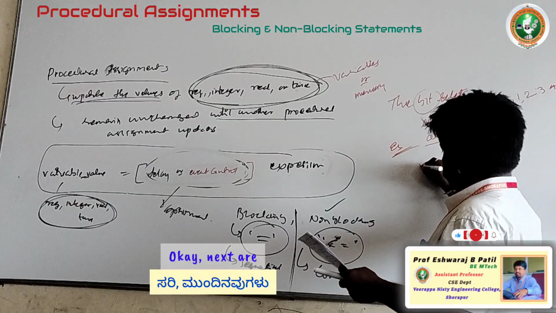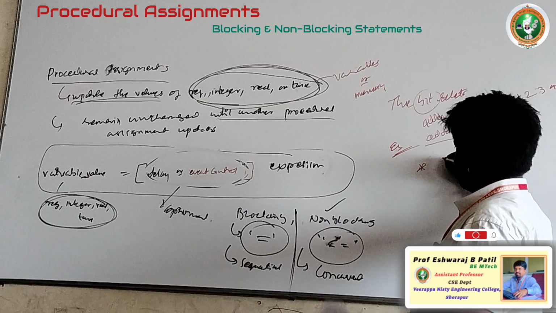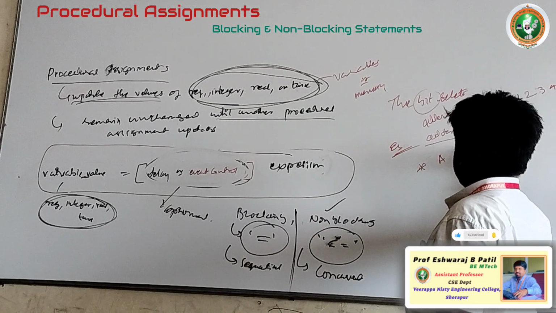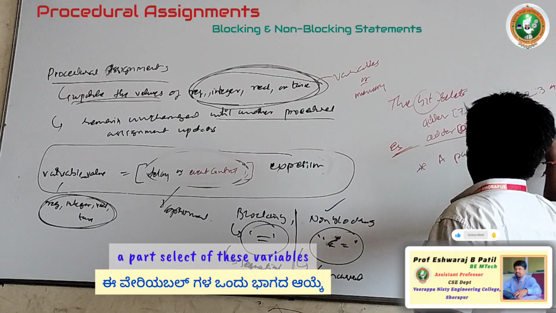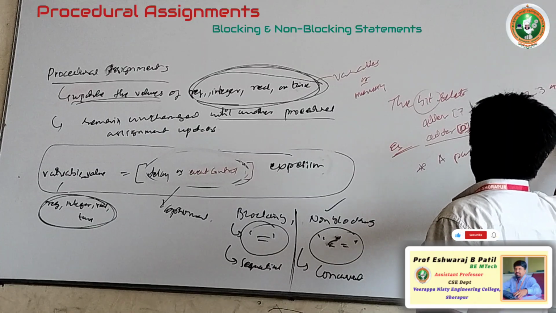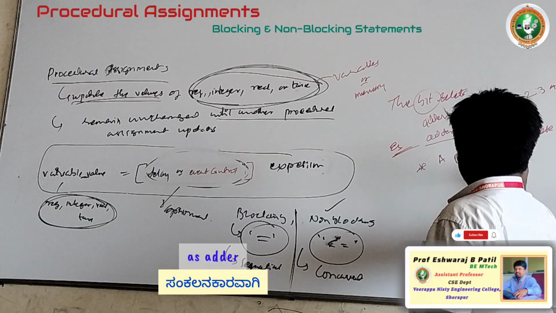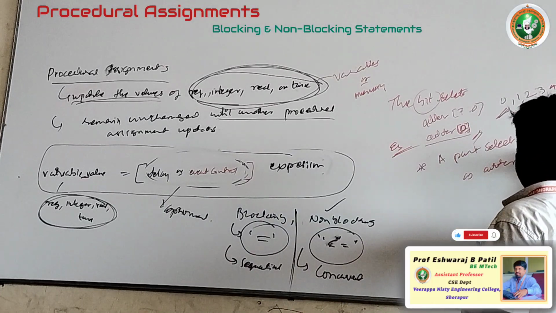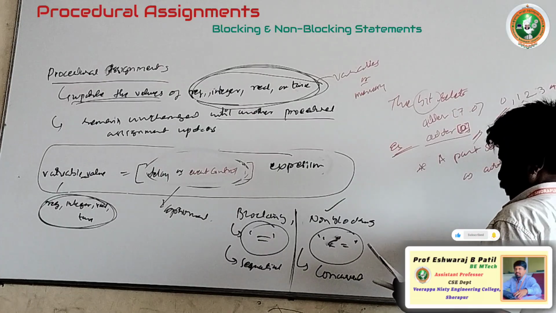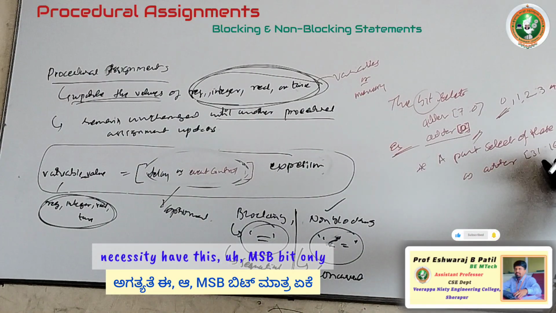Next, a part select of these variables, as adder 31:16. What is the necessity of this?